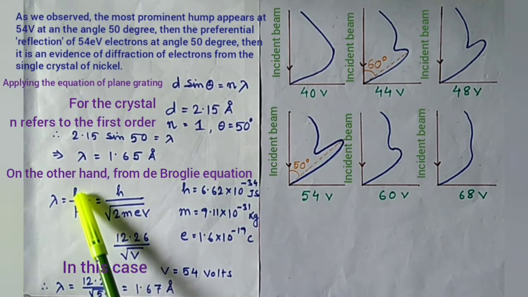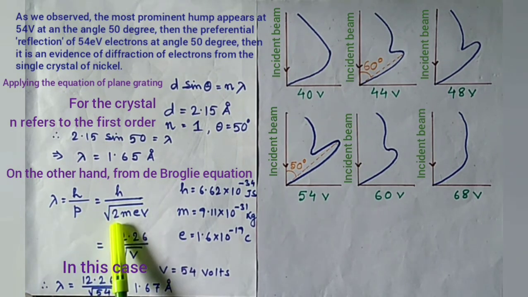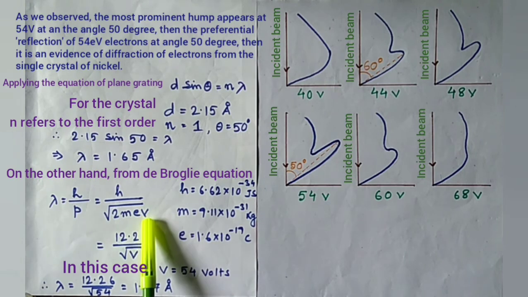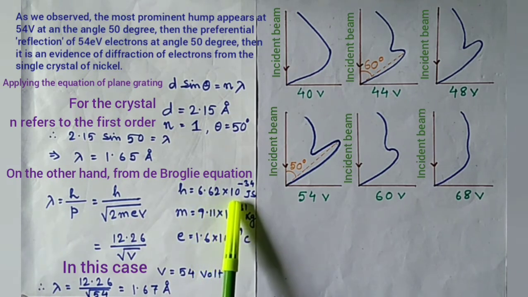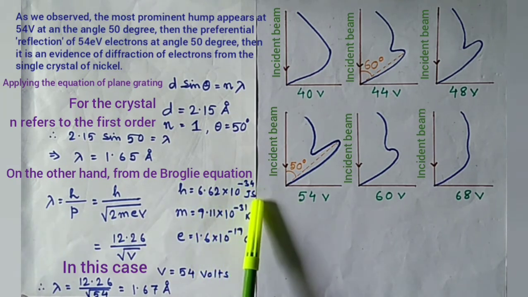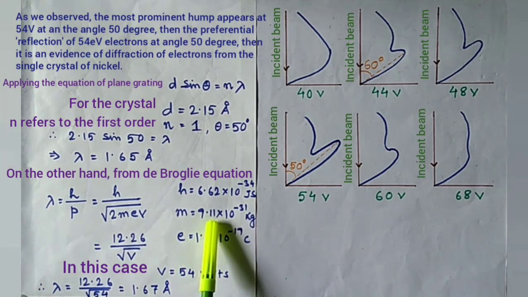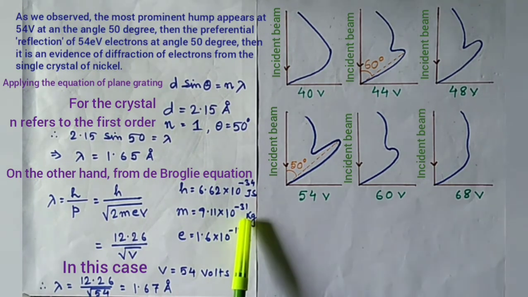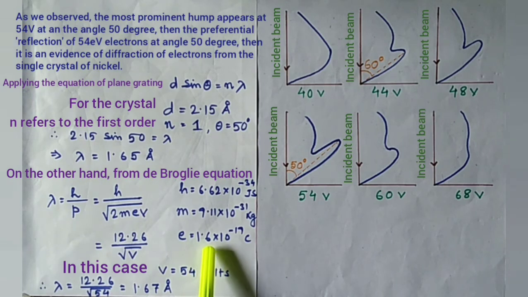On the other hand, from the de Broglie equation, we have lambda equals h by p, where p equals root over 2meV. h is the Planck's constant, equal to 6.62 times 10 to the power minus 34 joule second. m is the electronic mass, equal to 9.11 times 10 to the power minus 31 kg, and the electronic charge e equals 1.6 times 10 to the power minus 19 coulomb.